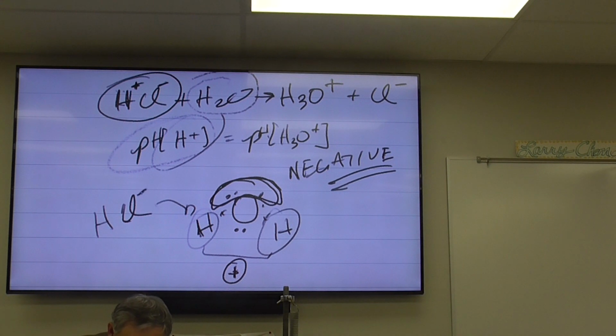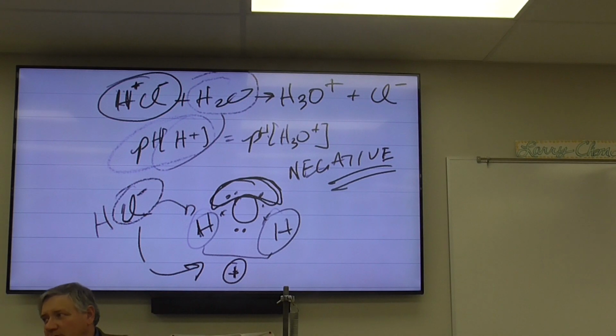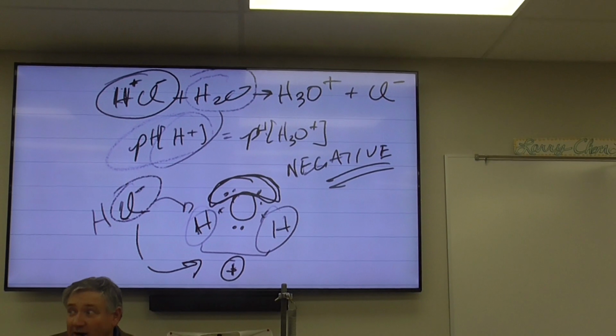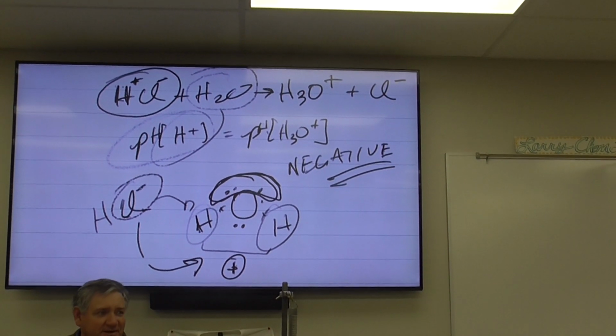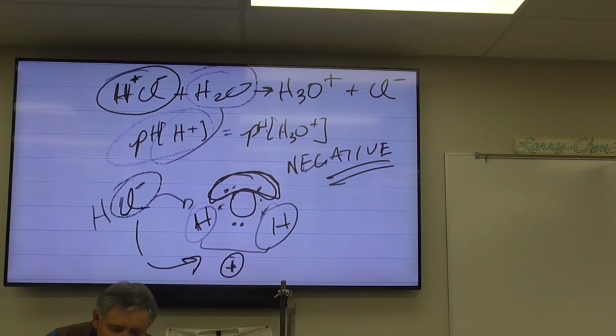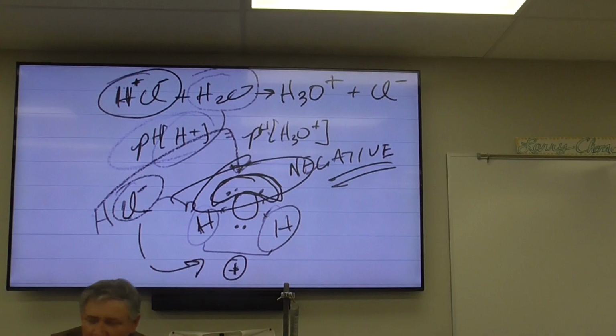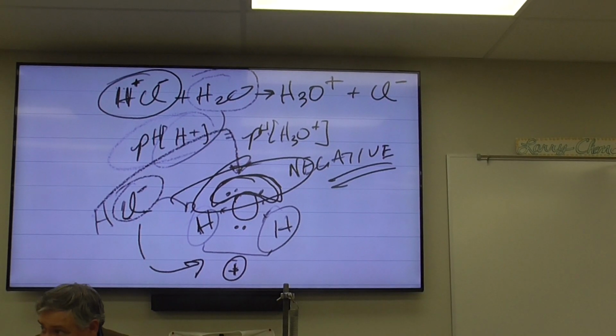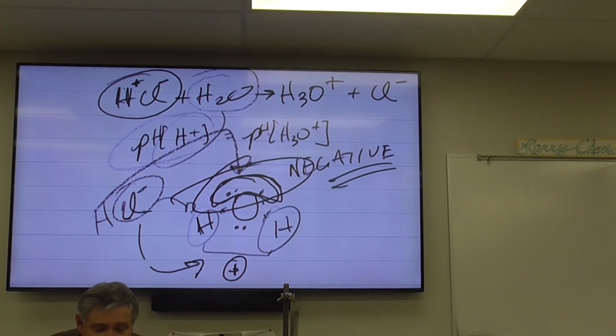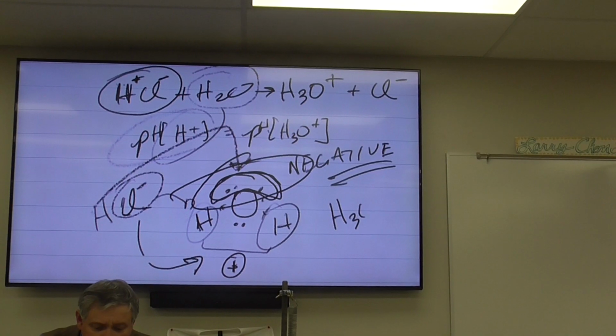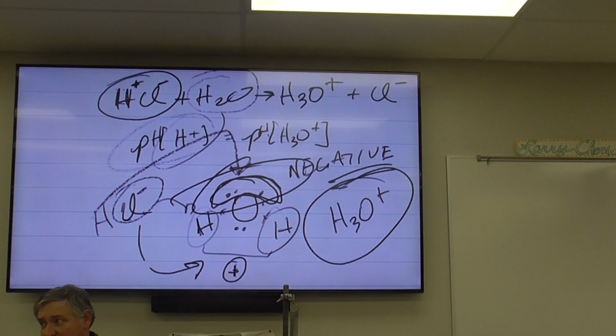So the chlorine end of this, because of the fact that it's negatively charged, goes down here to the positive end of the water molecule. The proton is left over, and it's kind of put out at this point going, oh, you traitor. Fine. So the proton that's left over comes up here to the negative end of the water molecule. So once it does that, this is why we write it as H3O plus.